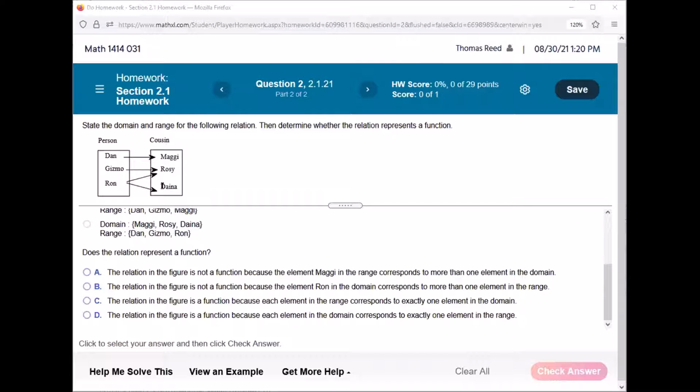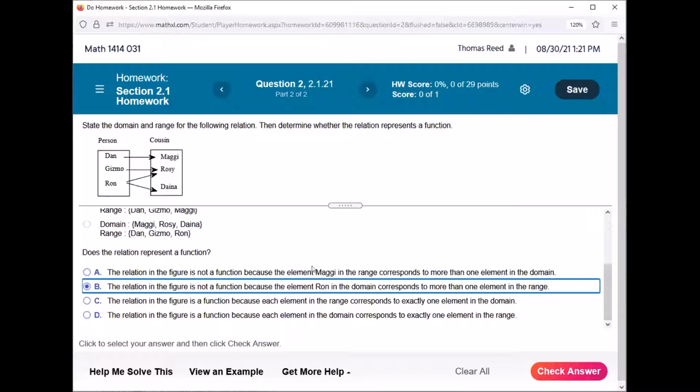It went to two names over here. So that means Gizmo and Ron are related. So they're probably cousins, and they have Rosie as a common cousin. So the figure is not a function because the element Ron in the domain corresponds to more than one element in the range. So that's letter B.